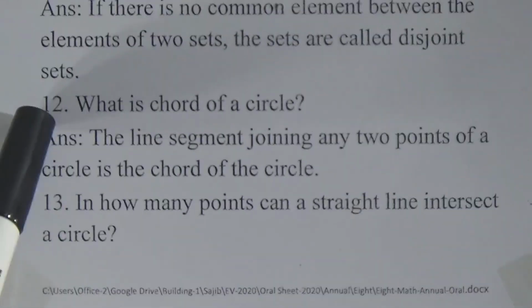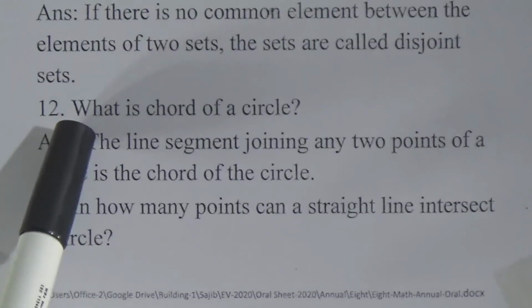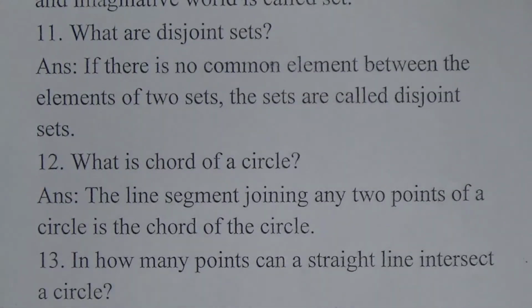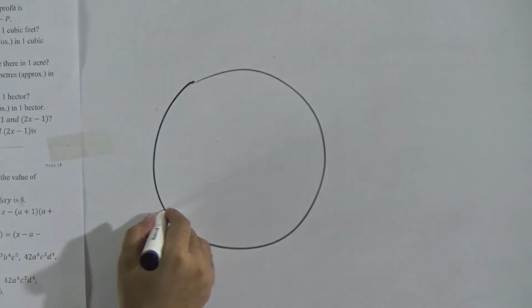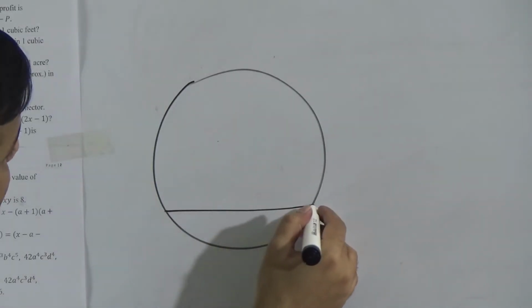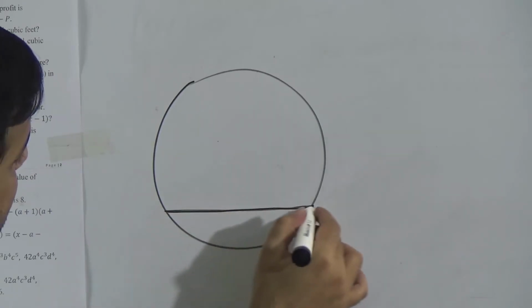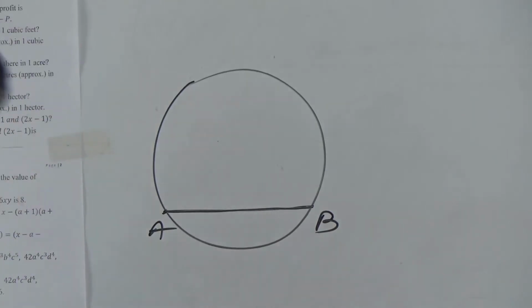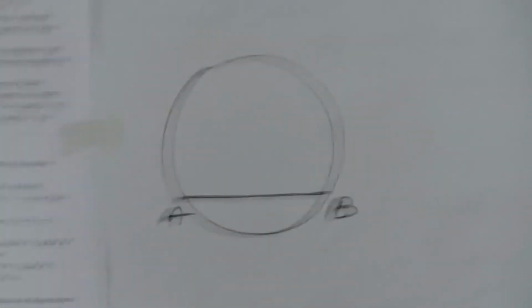Now question 12. What is a chord of a circle? Dear students, you know the chord of a circle. Suppose this is a circle. Here if we join any 2 points on the circle by a line segment, this line segment is known as a chord. So AB is a chord of the circle.